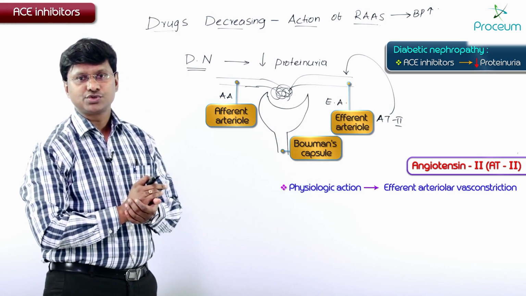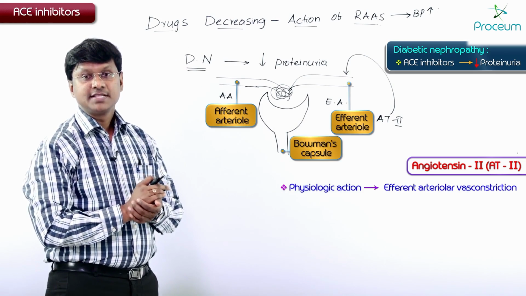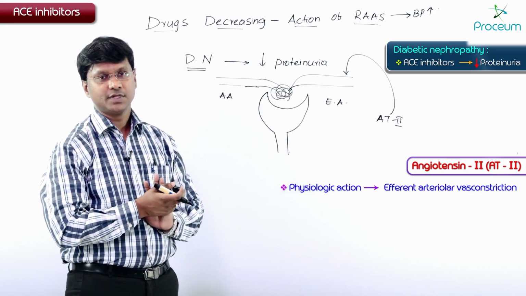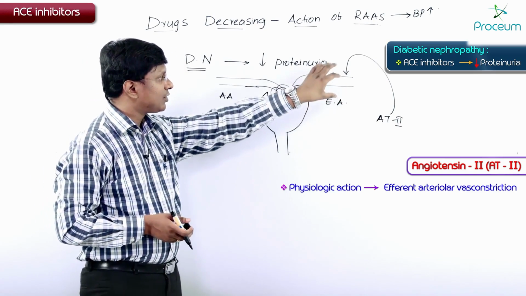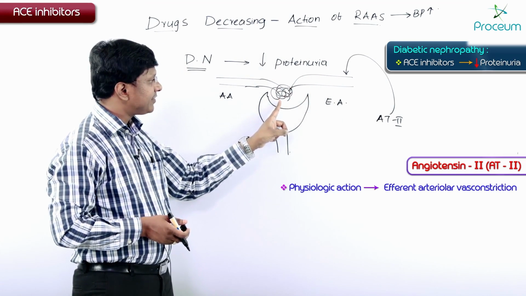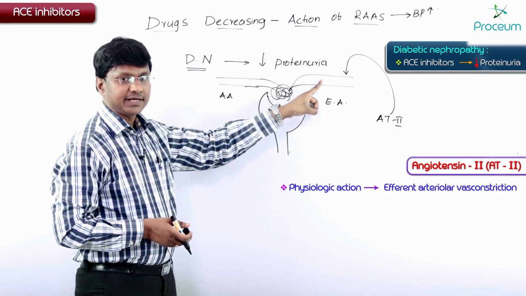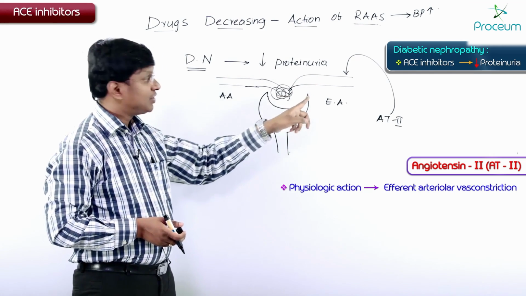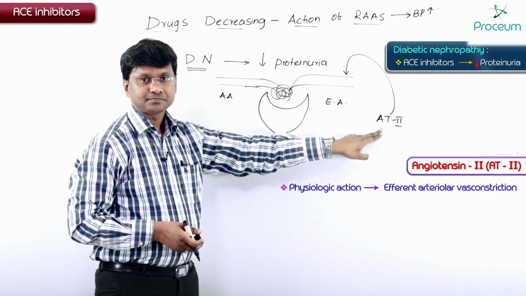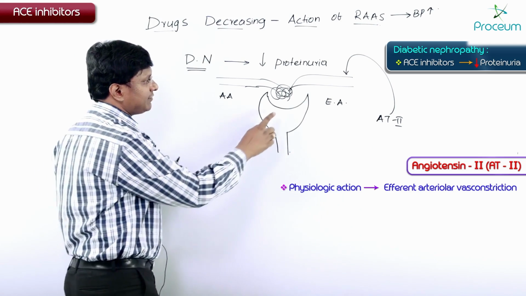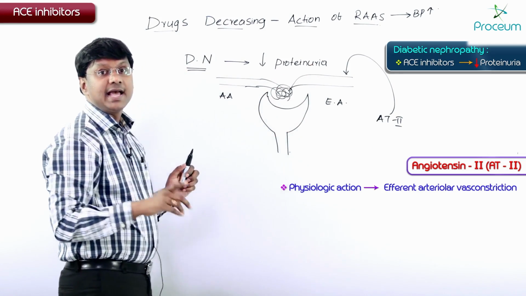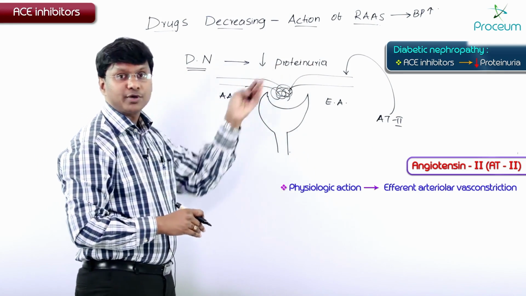Physiologically also there is production of angiotensin 2. That physiological production of angiotensin 2 will cause efferent arteriolar vasoconstriction. Now when the efferent arteriole undergoes vasoconstriction, the amount of fluid moving from the glomerulus to the efferent arteriole will be reduced, and thereby what will happen to the glomerular pressure?